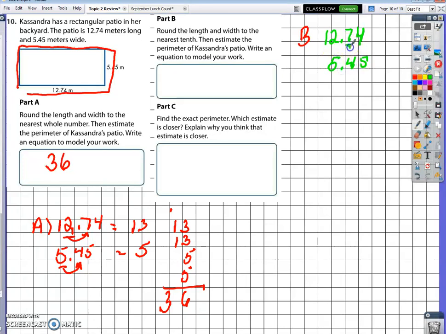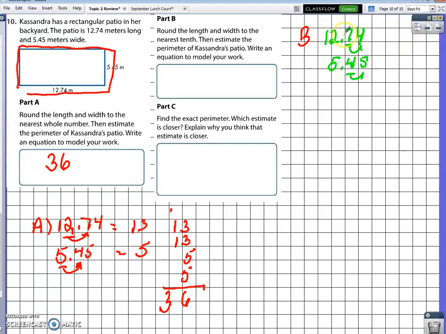Now we're rounding to the tenths place. 12 and 74 hundredths rounds to 12 and 7 tenths. 5 and 45 hundredths rounds to 5 and 6 tenths. And now we want to add. But again, because we're going all the way around, 12 and 7 tenths, 5 and 6 tenths, 12 and 7 tenths, 5 and 6 tenths. I'm going to pause this because I'm out of time.